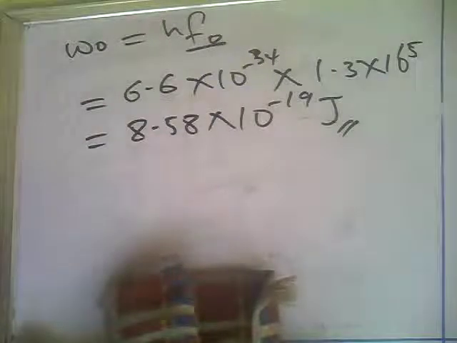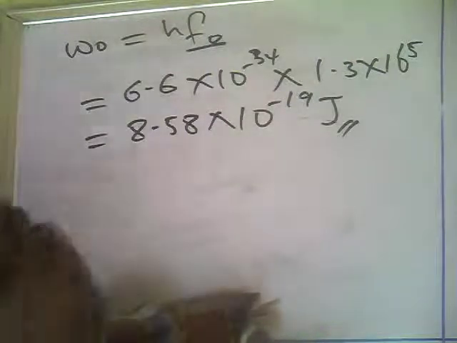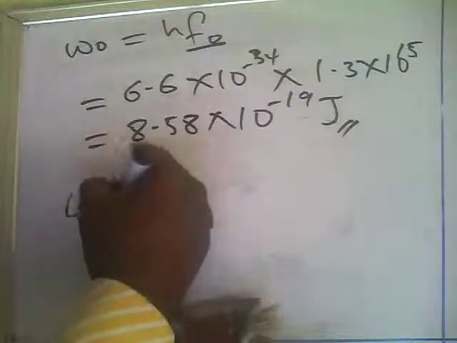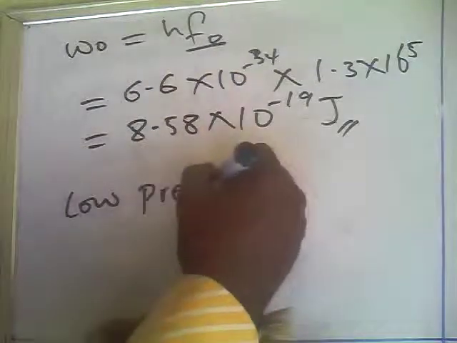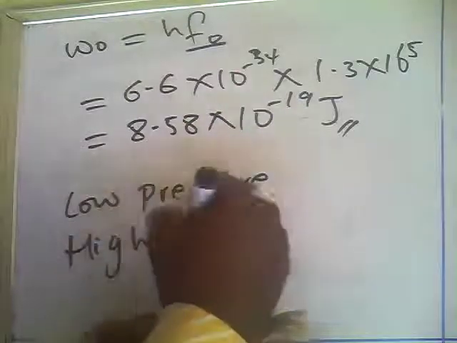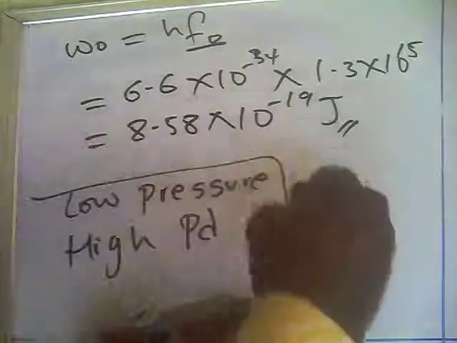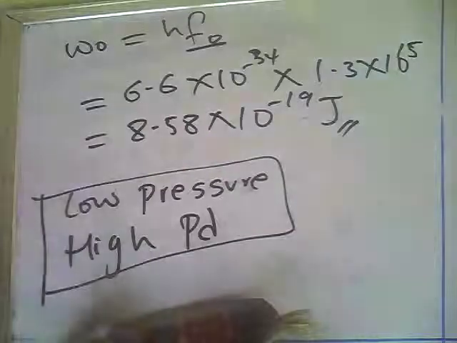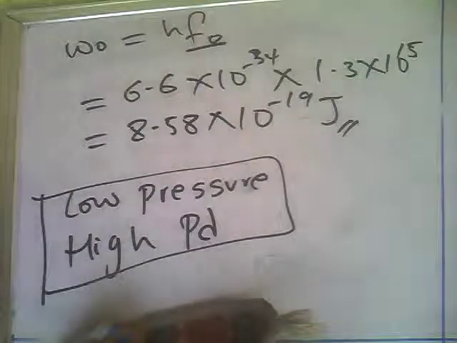Then the last question that we have is, under which of the following conditions do gases conduct electricity? Gases conduct electricity only at low pressure and high voltage. So that's the condition under which gases conduct electricity in a discharge tube.